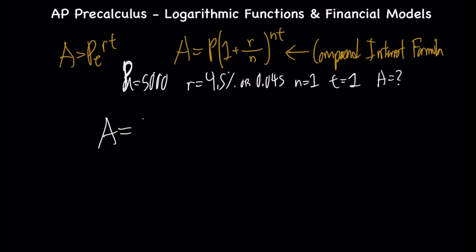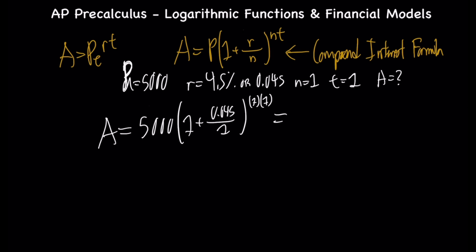Now it's pretty simple: all you have to do is plug in the numbers. When you do, you get $5,225, the amount you'll have after 1 year with an interest rate of 4.5% compounded annually.